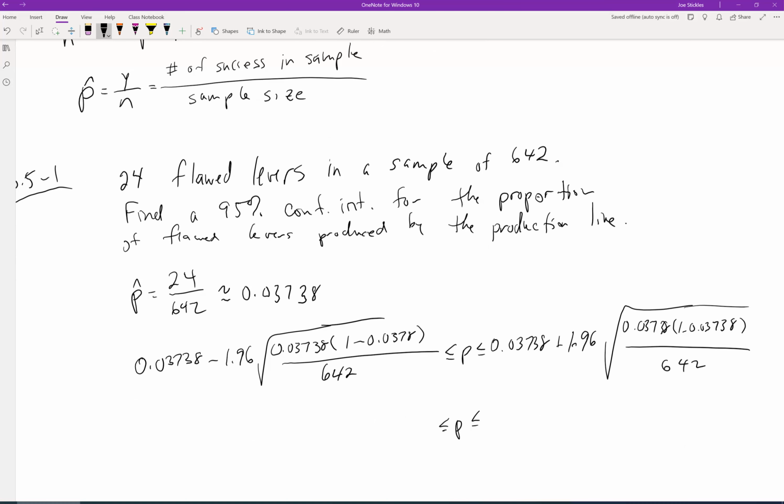So if I use the calculator here, the left number here, I get 0.02271, and if I do the other number, so typing everything in right, it's 0.05206.